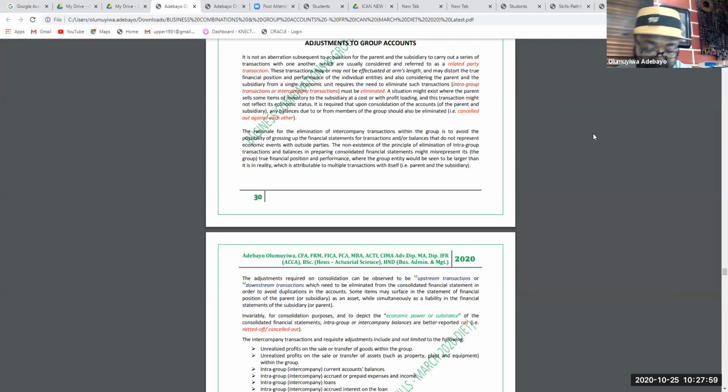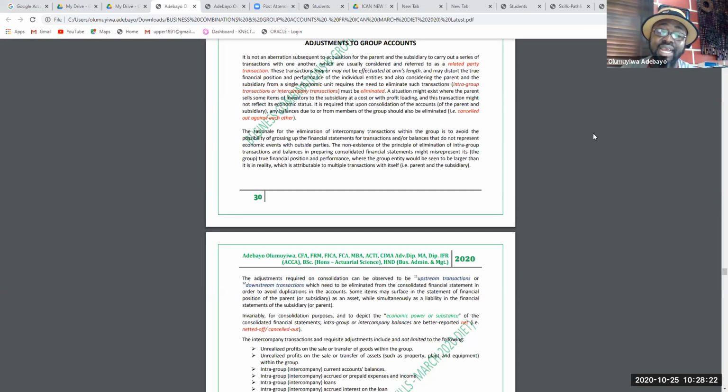Let me give you an example. If the parent bought goods for 10 naira and sold it to the subsidiary for 12 naira, from the parent perspective only, the parent has appropriately earned 2 naira as profit.